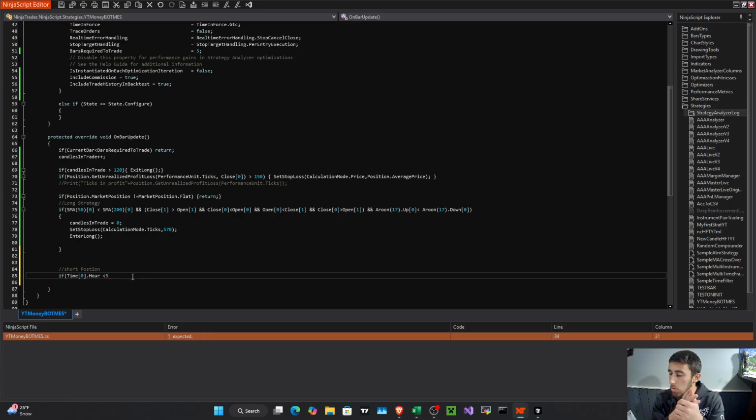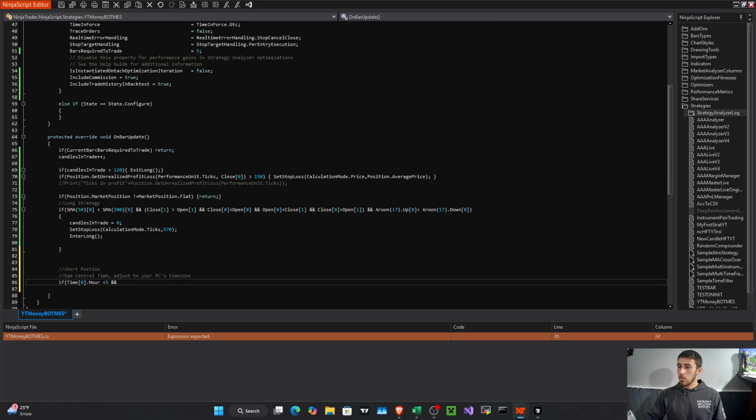Now you will have to adjust this based on your clock, but I am on Central Time. So 5 is going to be 5 a.m. Central Time. Adjust to your PC's time zone.